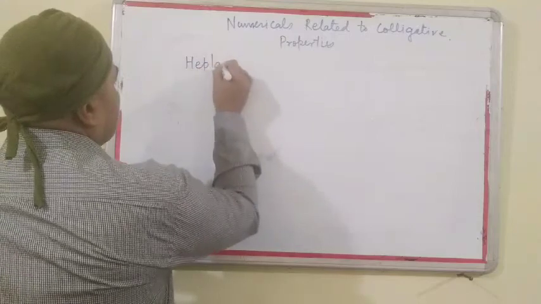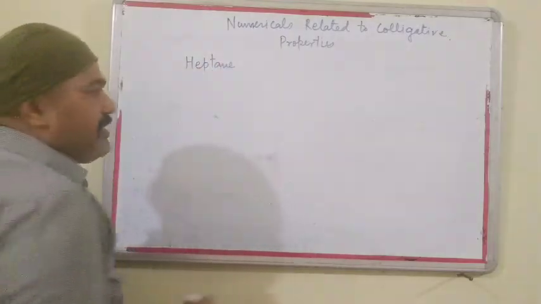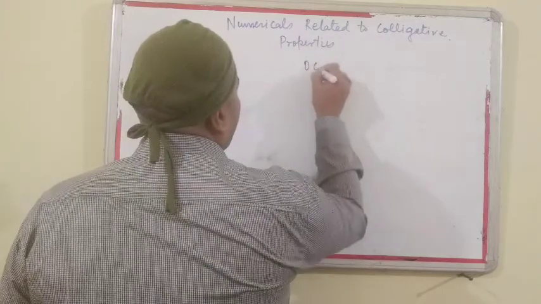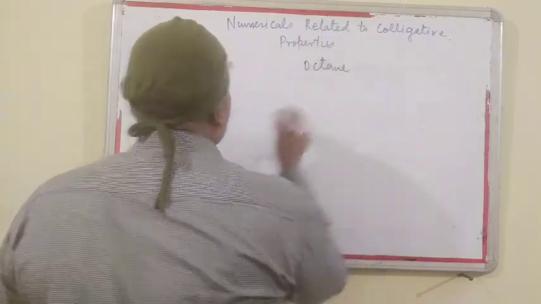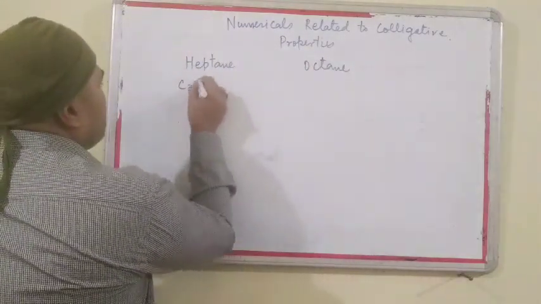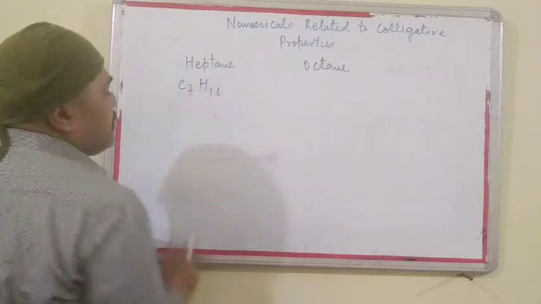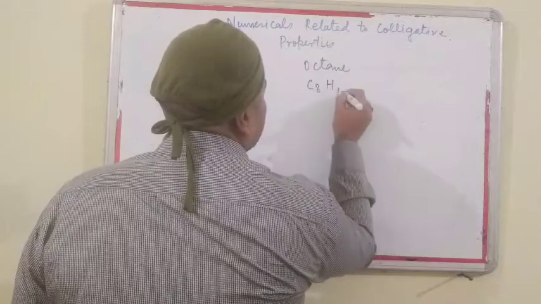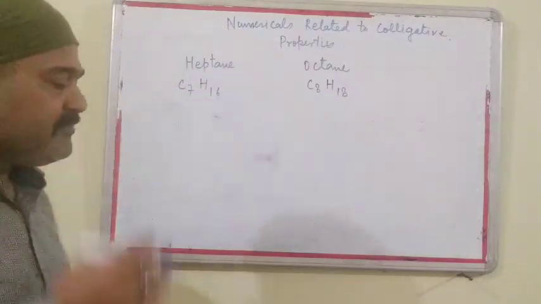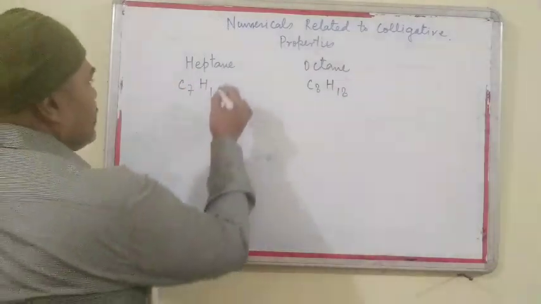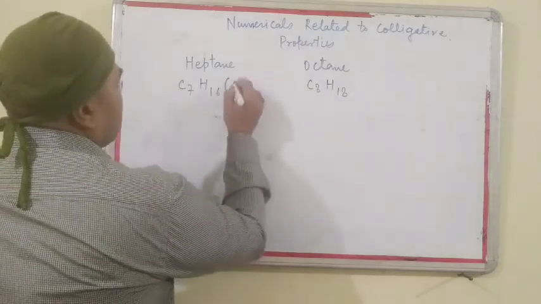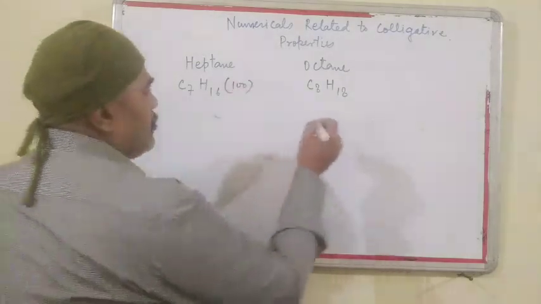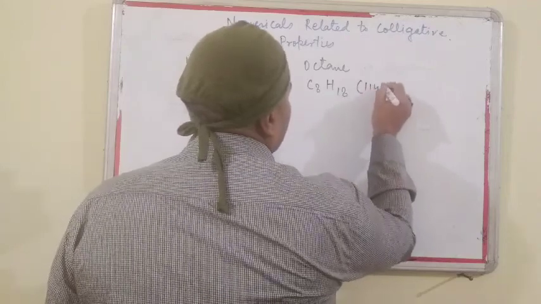The solution is made from heptane and octane. Heptane means C7H16 and this is C8H18. ठीक है, its molar mass is 100 and its molar mass is 114.